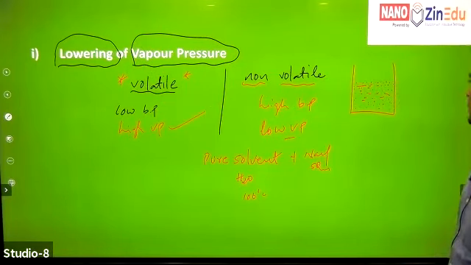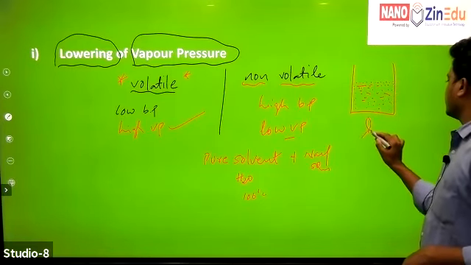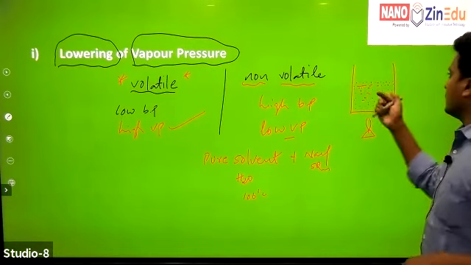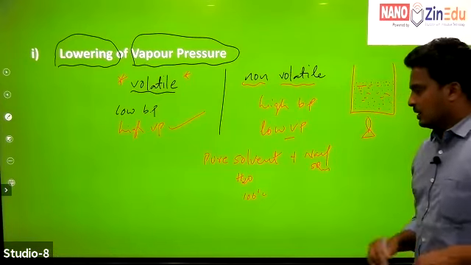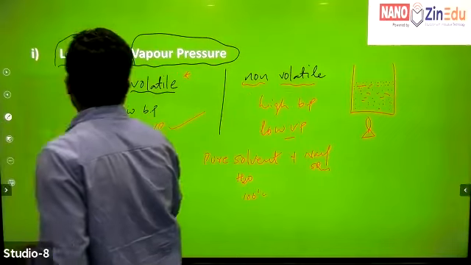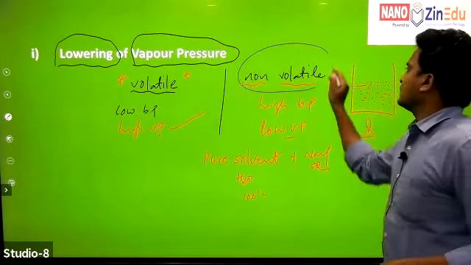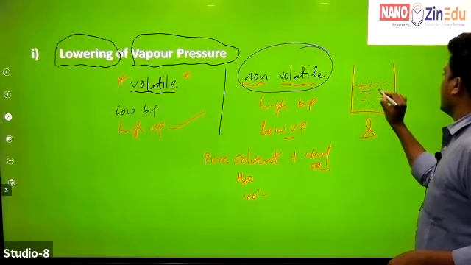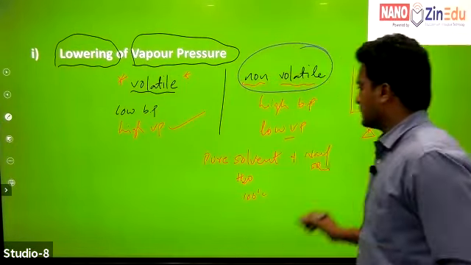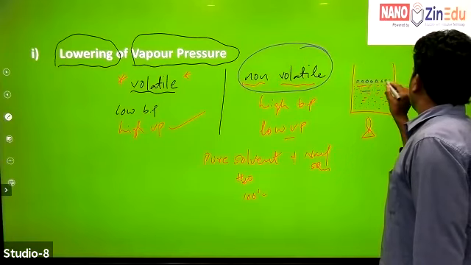When we heat with a Bunsen flame, the pure solvent molecules are ready to vaporize. Now to the pure solvent we add salt, a non-volatile solute. Generally, we observe that non-volatile solute particles occupy the surface of the pure solvent.